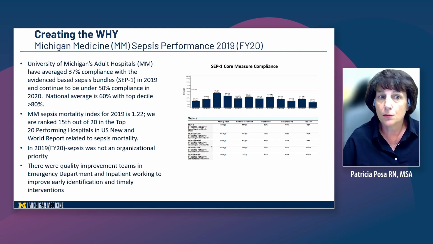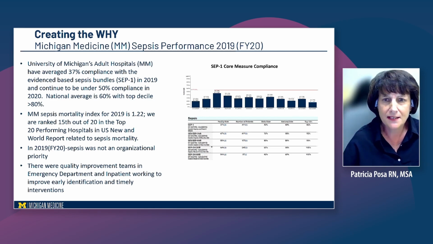We also looked at our mortality index, and it was 1.22. That's observed versus expected, and so greater than 1 is not where you want to be. We were ranked 15th out of 20 hospitals in the top 20 performing hospitals in the U.S. News and World Report related to sepsis mortality. And that's not where we wanted to be.